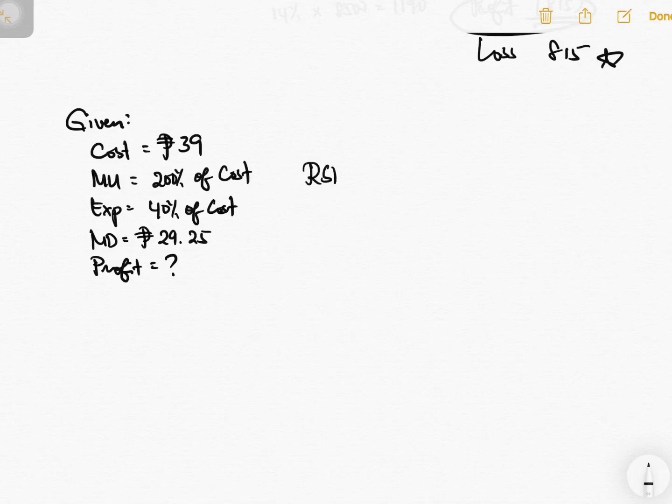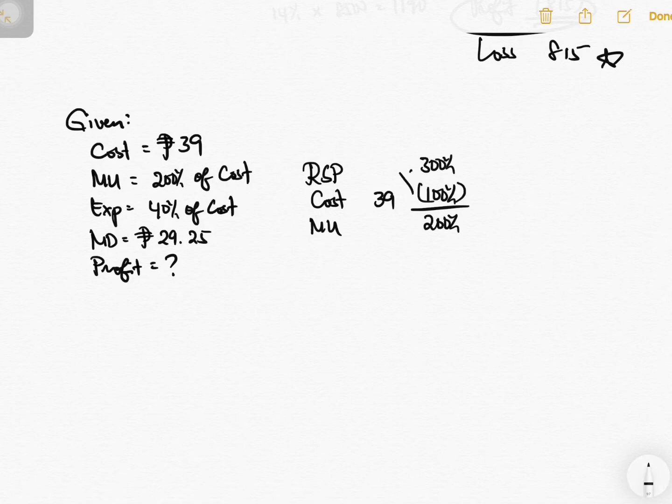So regular selling price minus cost to get the markup. Cost is 39. Markup is 200% of cost, making your regular selling price 300%. Cross multiply. So 39 times 3 divided by 1. Answer. This is 117. Transfer it.